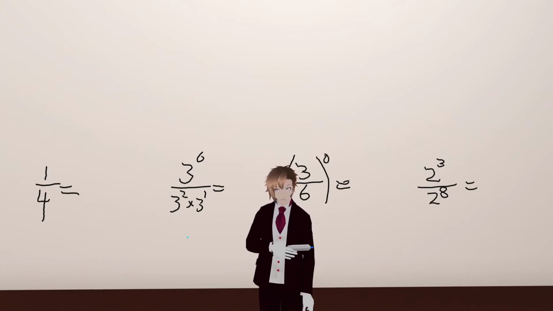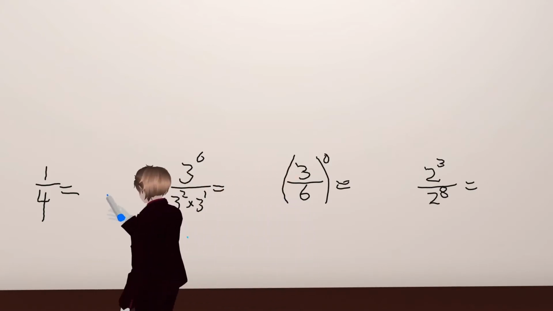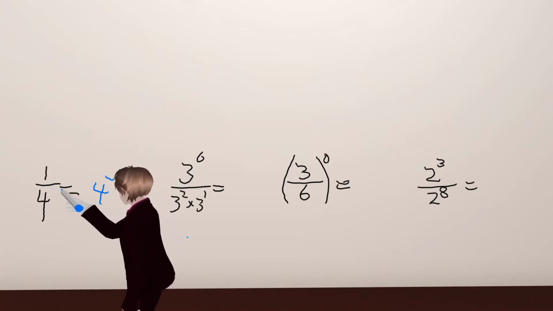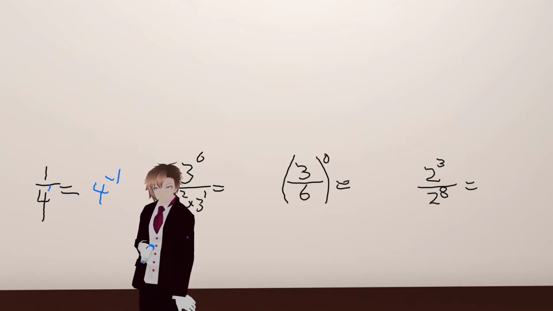So here, in our first example, 1 divided by 4 as a negative power would be the same as writing 4 to the power of negative 1. Because this 4 has a hidden power of 1 there.